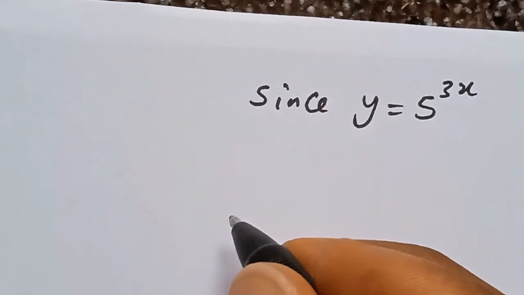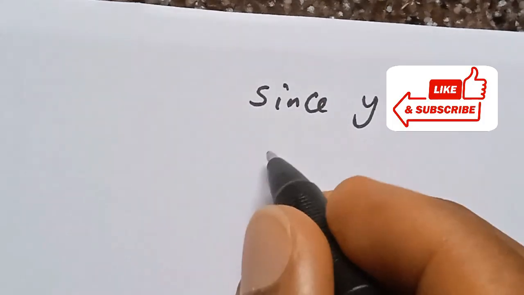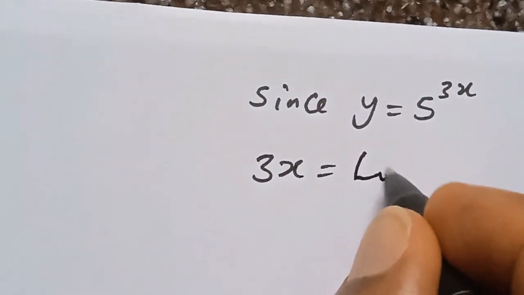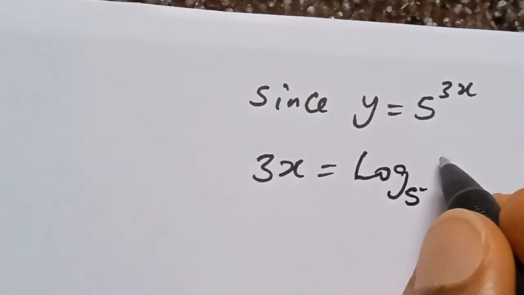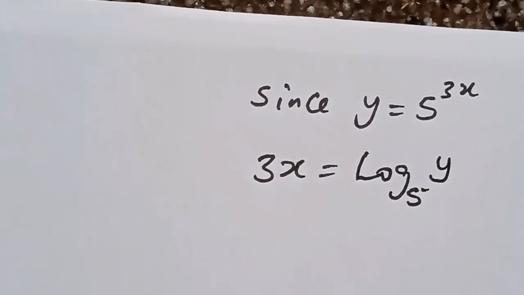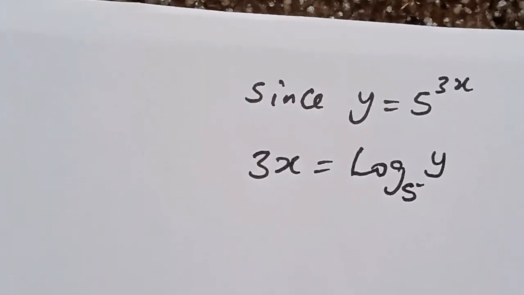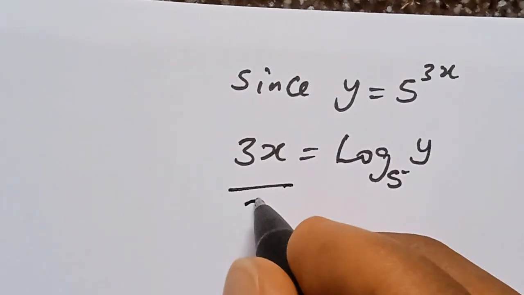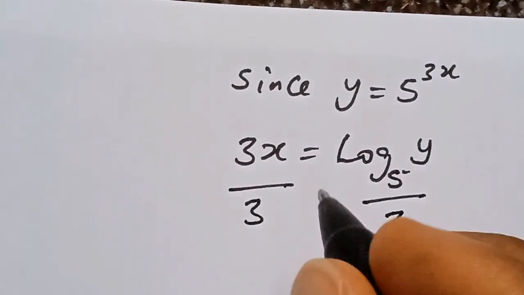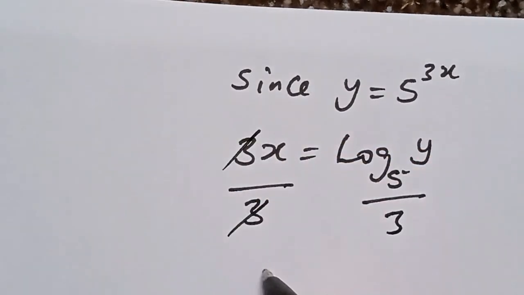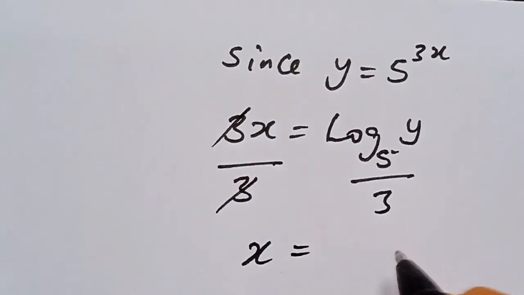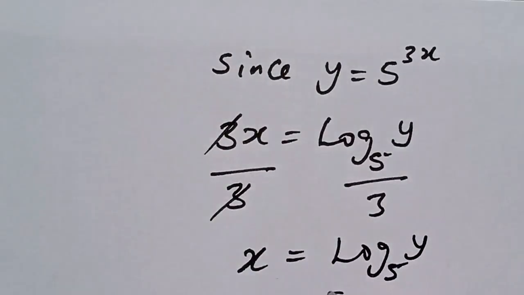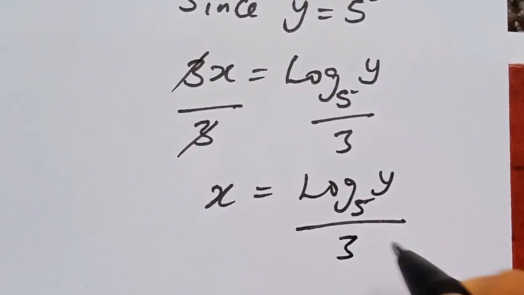We then have 3x equals log base 5 of y. Then in order to isolate x, we divide both sides by 3. 3 goes with 3. We have x equals log base 5 of y, divided by 3.